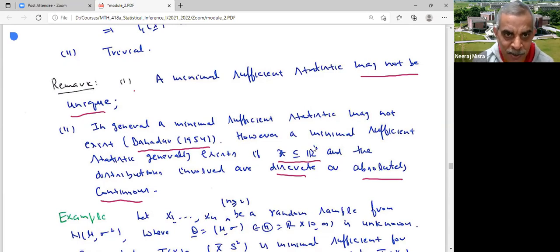Now that is where you cannot provide an answer with the knowledge you'll gain in this course, because all the examples which you will consider in this course will be discrete or absolutely continuous, and your sample space would be a subset of R. So you say, I don't have an example at hand. But there is an example which is given by Bahadur. And of course, such an example is for situations where the sample space is different from R^n, or your involved distribution is neither discrete nor continuous.